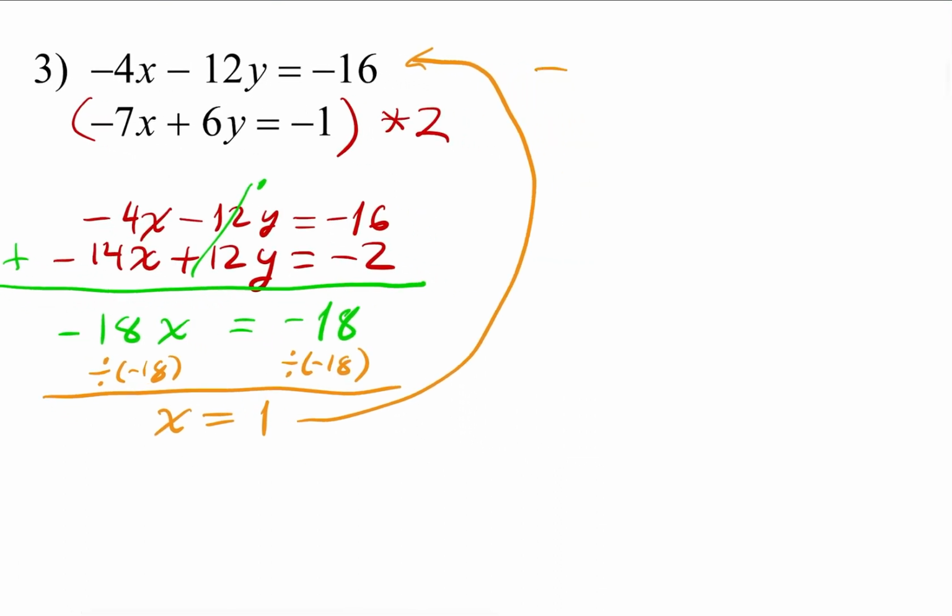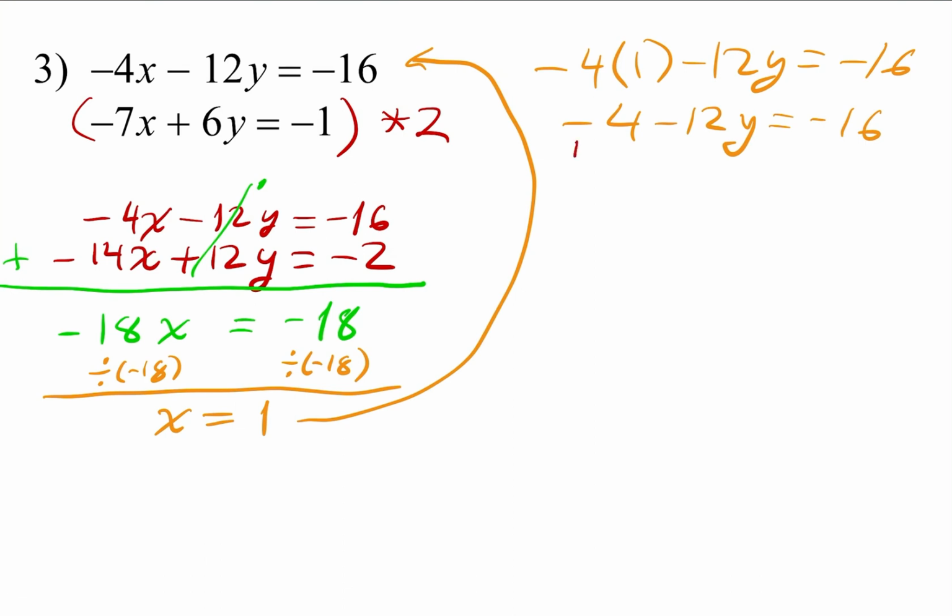So negative 4 times positive 1 minus 12y equals minus 16. So negative 4 minus 12y equals negative 16. That is a two-step equation. So eliminate the constant to isolate the variable term by adding 4 to both sides. And you get negative 12 times y equals negative 12.